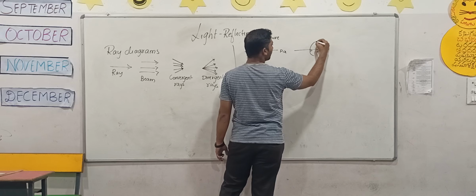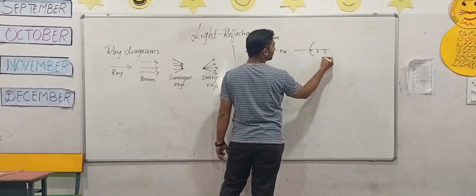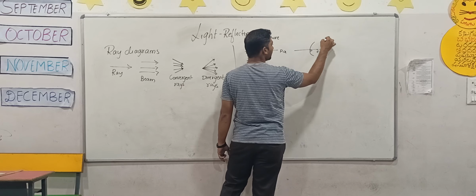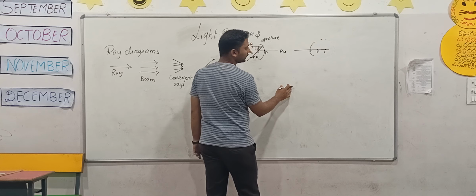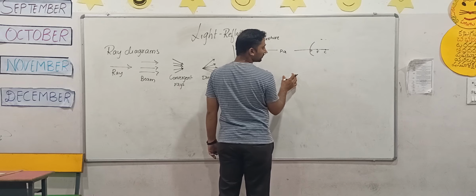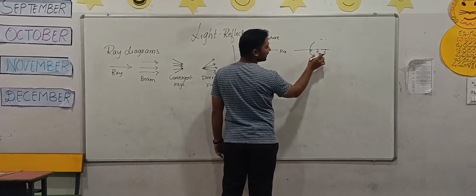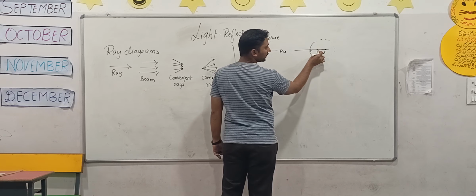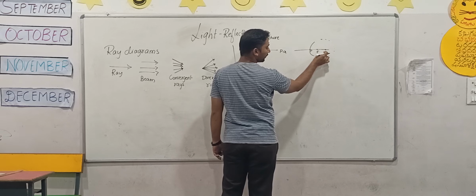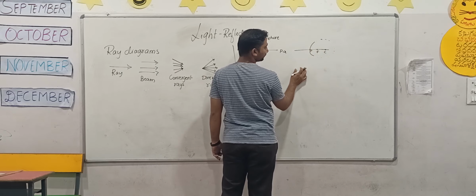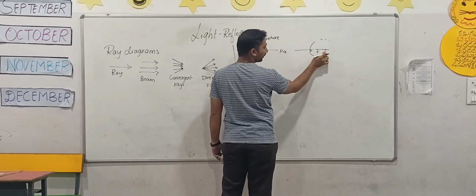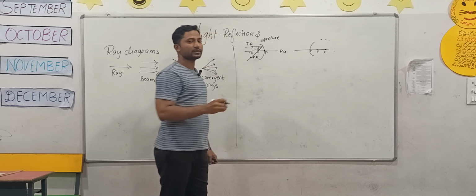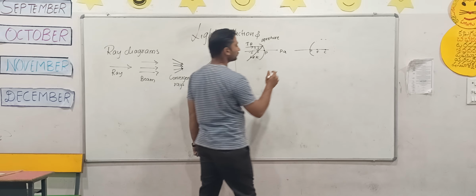It is part of a sphere, which is on this side, so the center is this side. The principal focus divides the distance from pole to center of curvature equally into two parts. The distance between the center of curvature and the pole is called the radius of curvature.